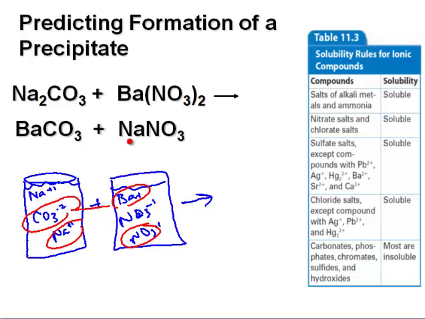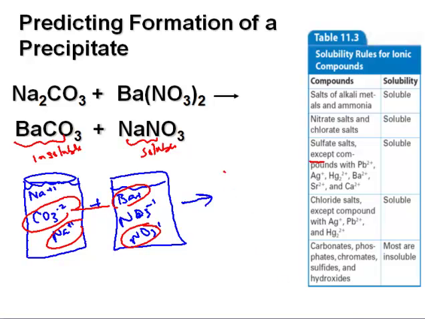So we know this is going to be soluble no matter what. It's going to dissolve in water. Let's look for the barium. Barium here, okay, sulfur salts accept compounds with lead, silver, mercury, barium are soluble, except these. So this is going to be insoluble. That's going to be my solid at the bottom.